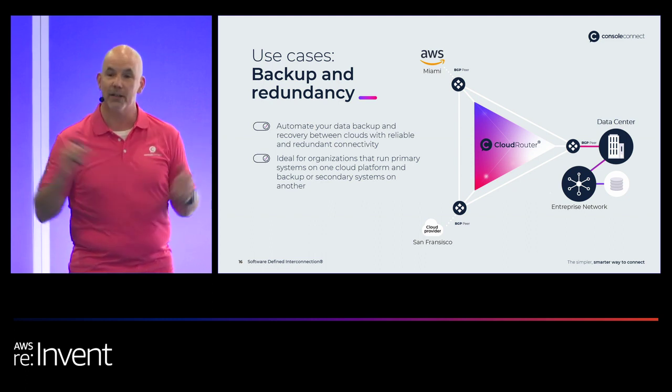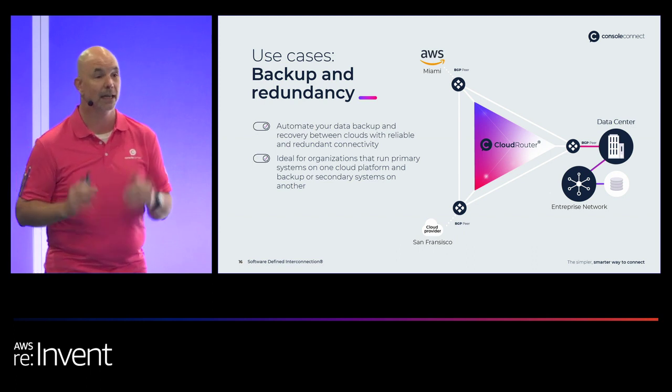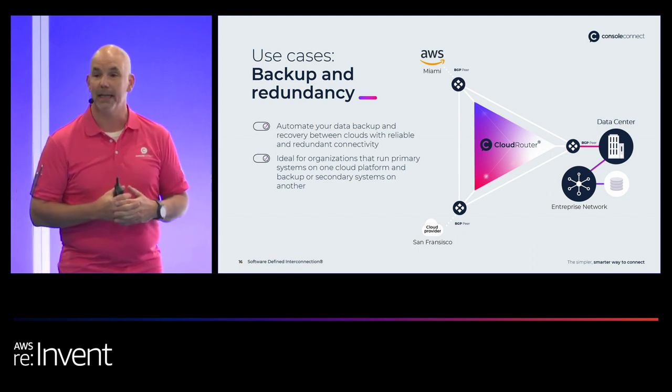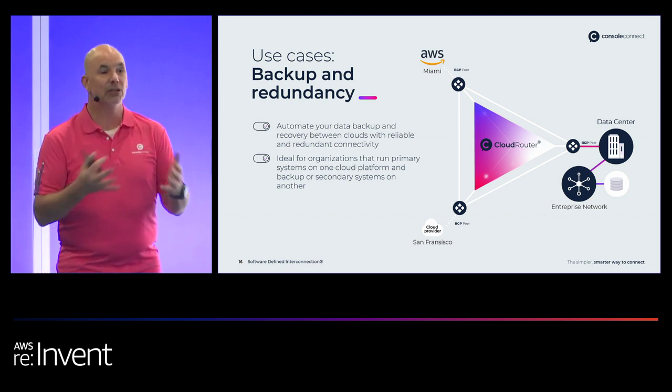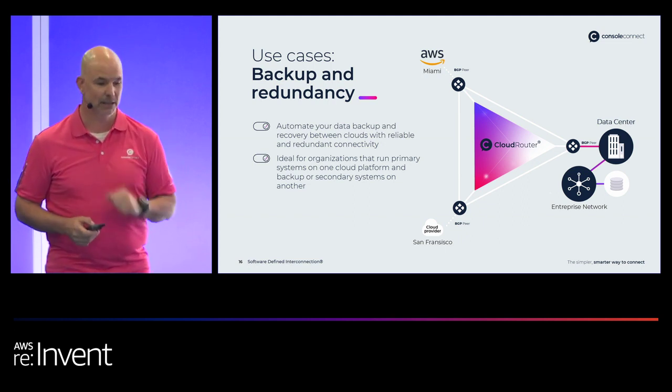If there's a failure, you can dynamically boost or burst the secondary link to whatever bandwidth you need. Gives you that failover protection without necessarily having to have the carrying cost of that.